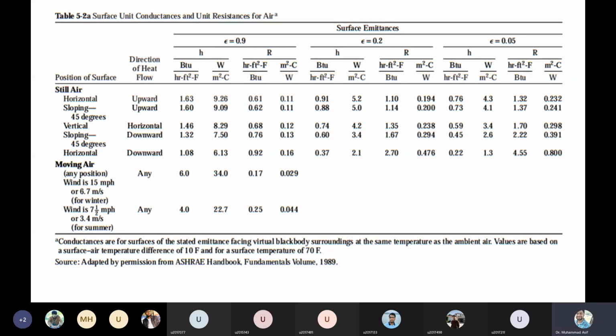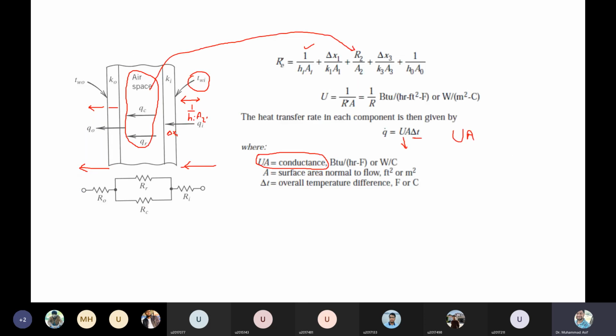And then in Table 5.2, you can see the value of the conductance and the resistance because of the air motion. Let's say this is the inside of the room. Normally inside the room, we use still air, right? So instead of using 1/(hi Ai), you can represent it as an equivalent resistance.